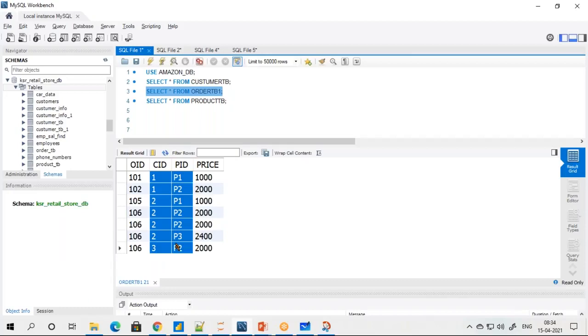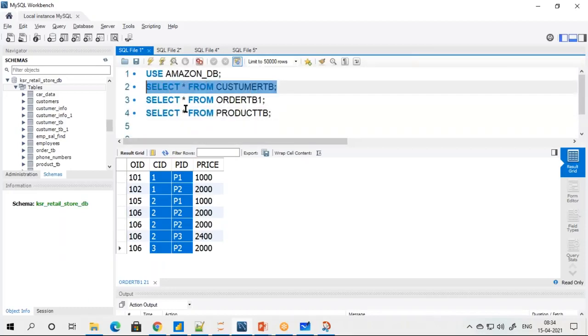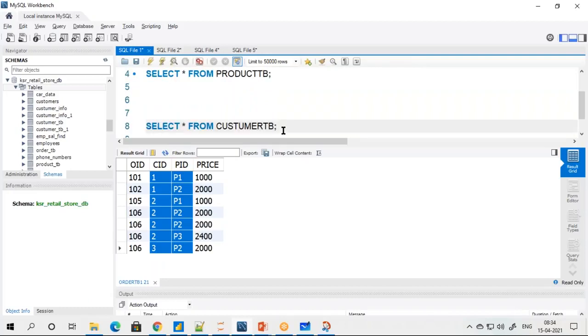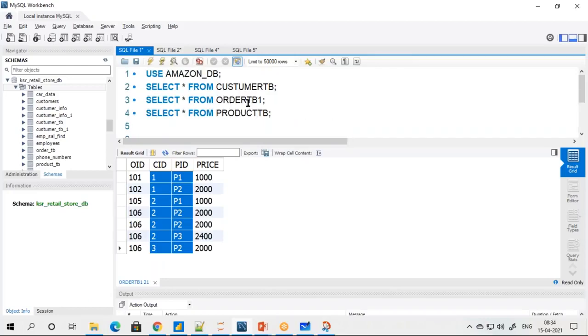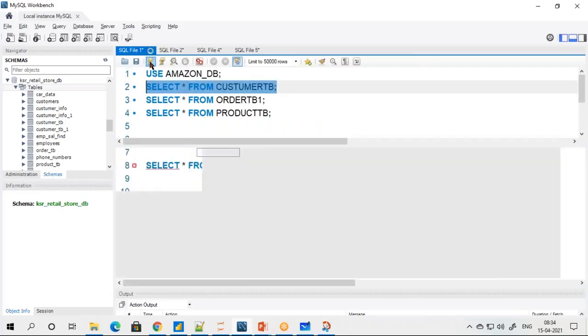Okay, so now what I will do, first of all, I will write the customer table as A, left join the order table as B, on, what is the common column between these two?